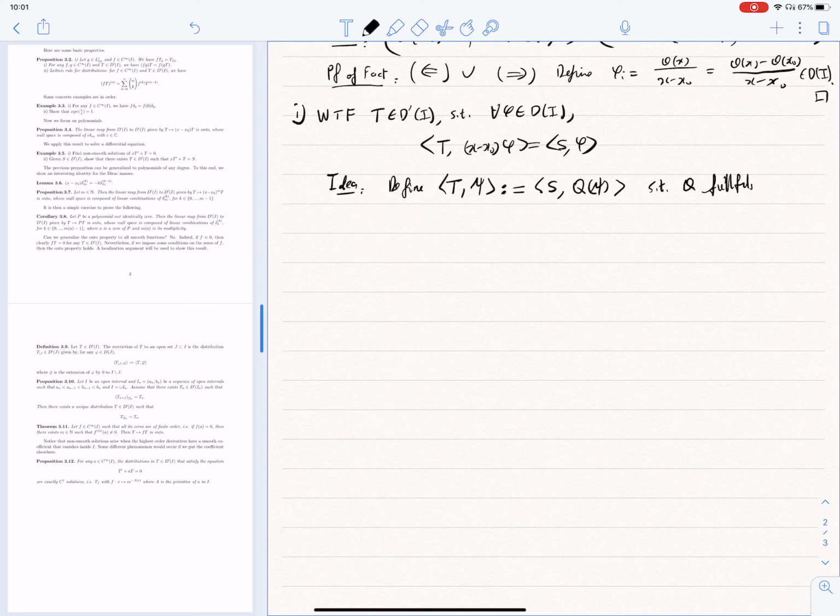fulfills several requirements. And the first requirement, requirement A, is that Q maps a test function to a test function. And this is the minimal requirement. And secondly, we want it to be linear and continuous.